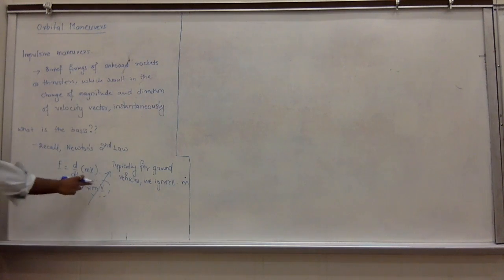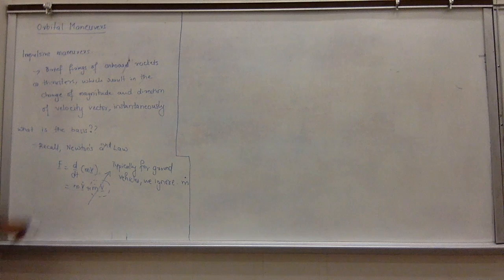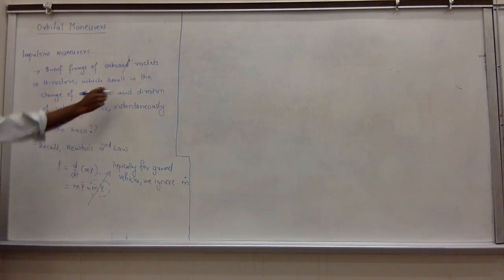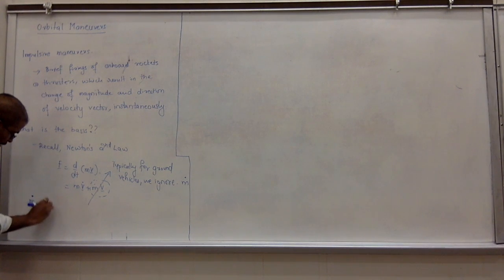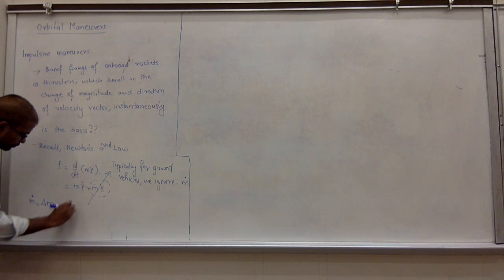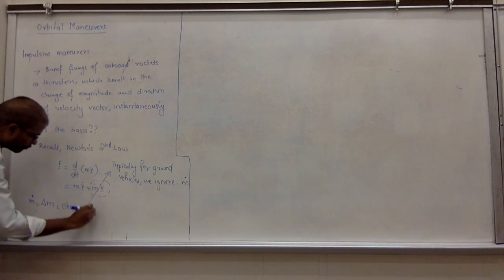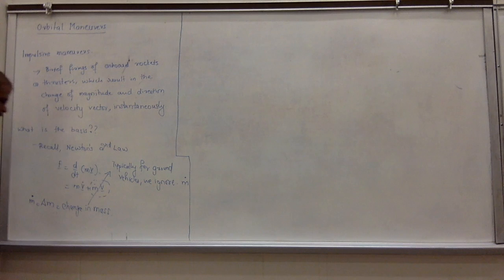So typically we ignore this, but this is the reason you see a change in magnitude and velocity vector in impulsive maneuvers. Okay, so what is this m dot? Mass flow. M dot is delta m or change in mass in the context of satellites and rockets.